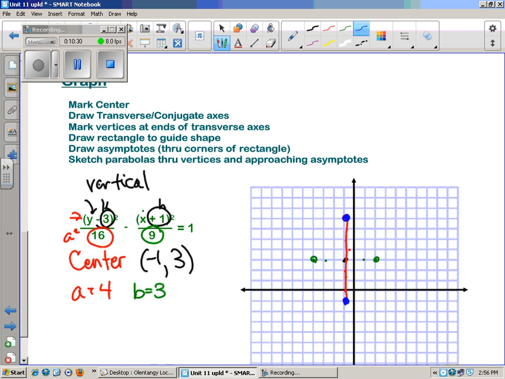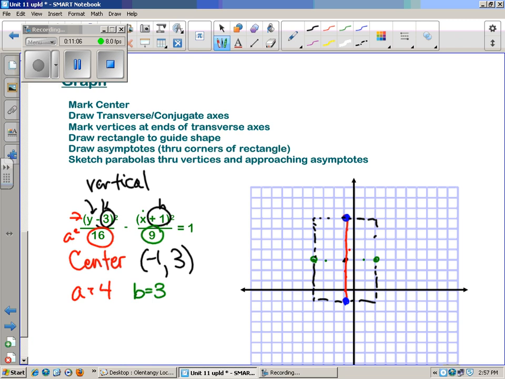And now what I'm going to do is use these 4 points to draw in a rectangle that goes up to there and over and down and up. Okay? So what I basically drew in when I found the transverse and conjugate axes were the midpoints of the sides of this rectangle.